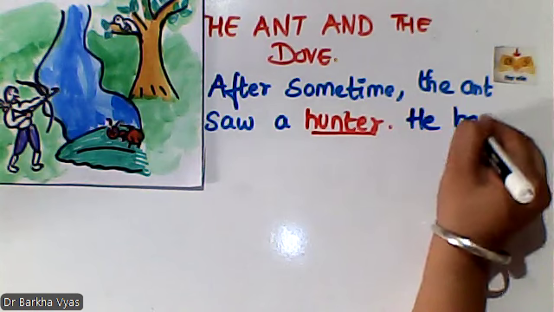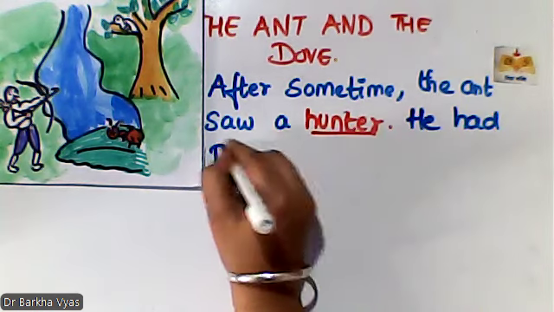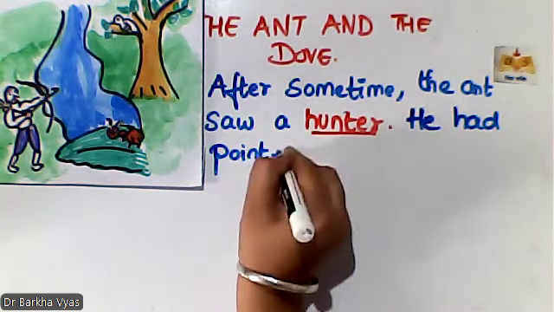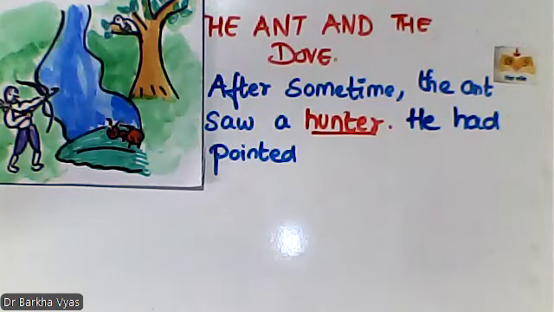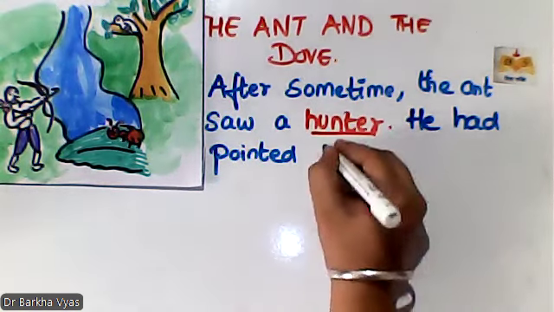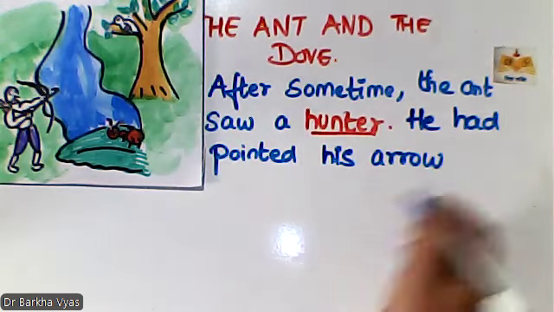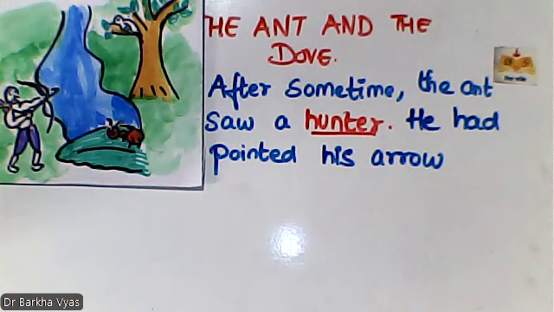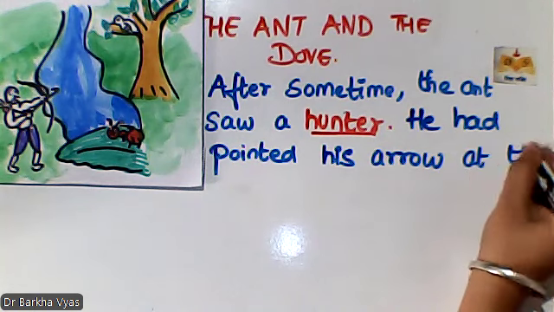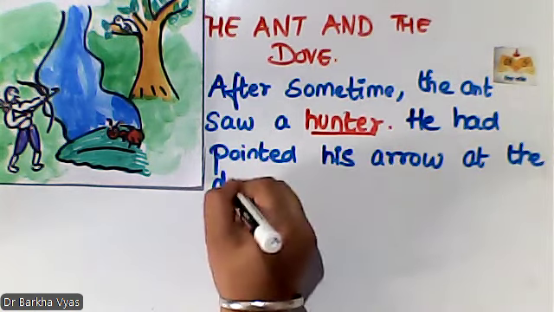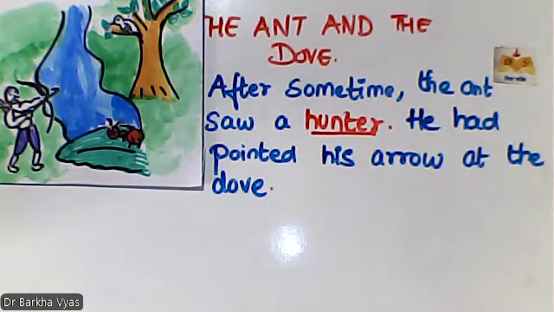He had pointed, he had pointed his arrow, he had pointed his arrow at the dove. तो उसने क्या कर रखा था बच्चों?